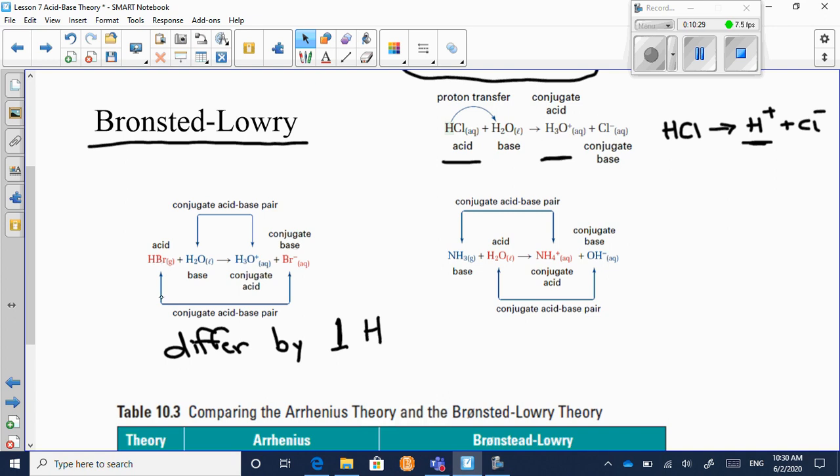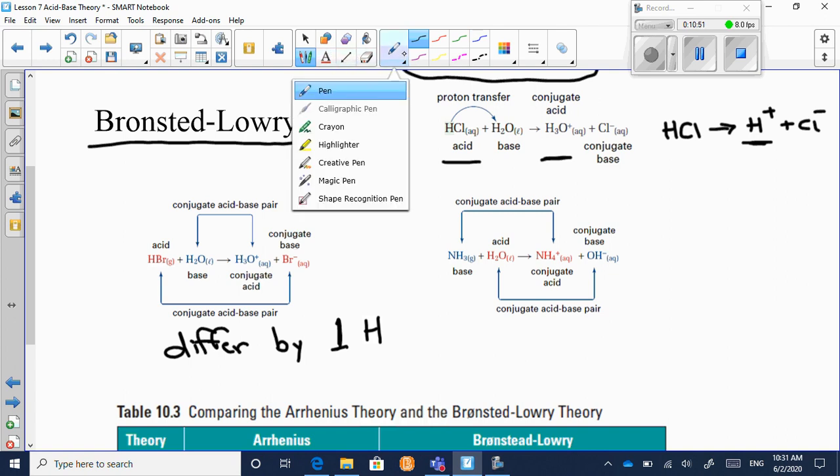Hydrobromic acid, its conjugate base is just the bromide ion. And H2O has a conjugate, it's a base in this situation. Now, be careful, because water, I'm going to highlight it here, can take on the form of either an acid or a base.